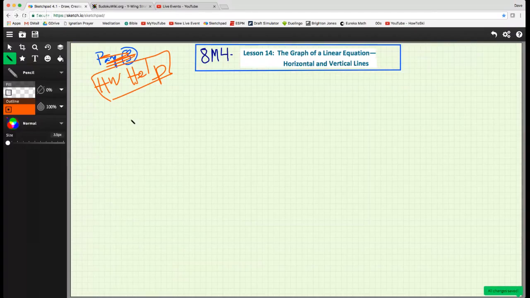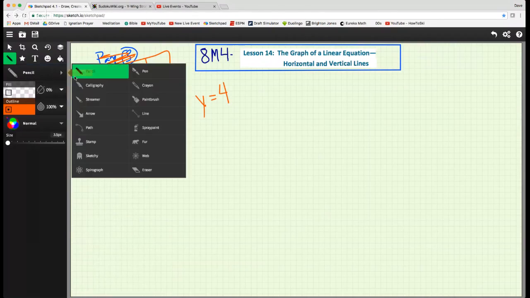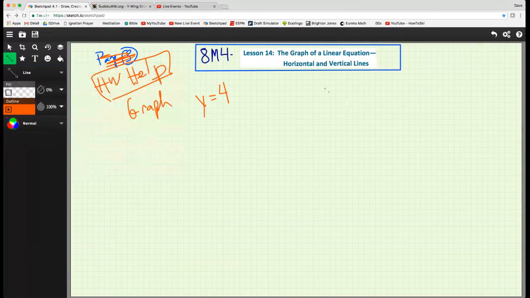We're going to say graph y equals 4. Now, there's a couple ways that we can do this, but we're going to do what might be the easy way, and we're going to go by our simple rule.